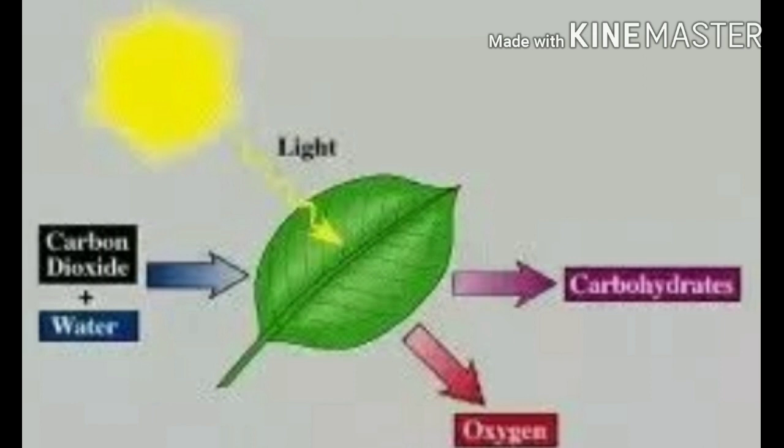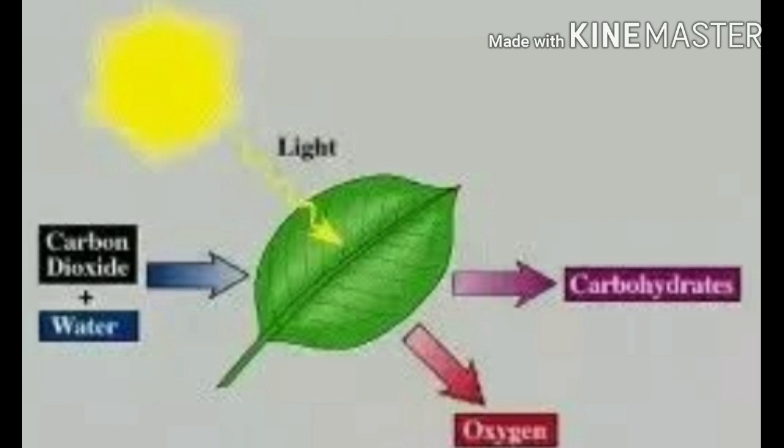Let us study autotrophic nutrition. The term autotroph is derived from two Greek words. Auto means self and trophic means nutrition. In autotrophic nutrition, an organism makes its own food from simple raw materials.